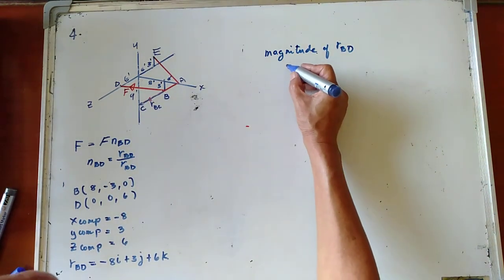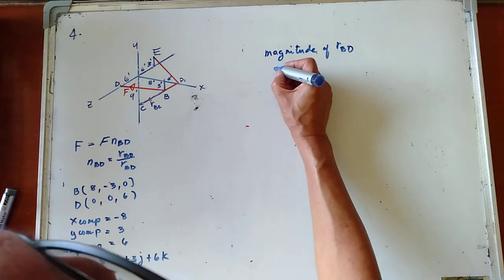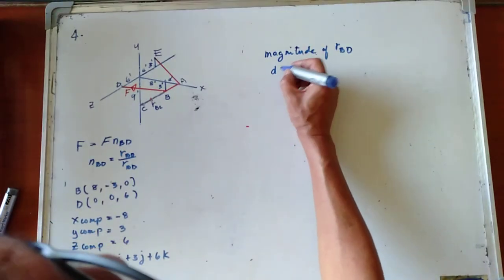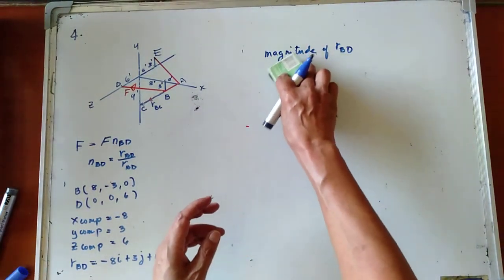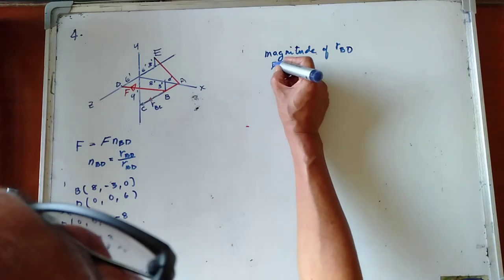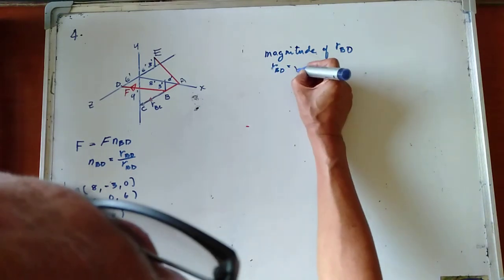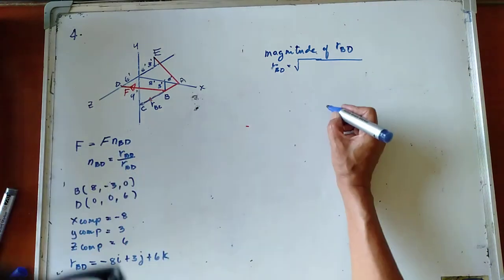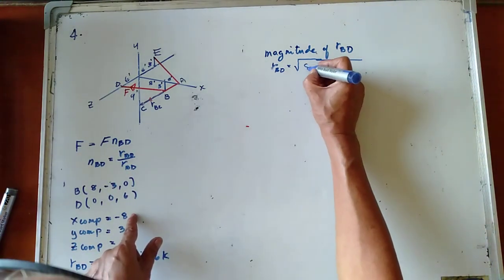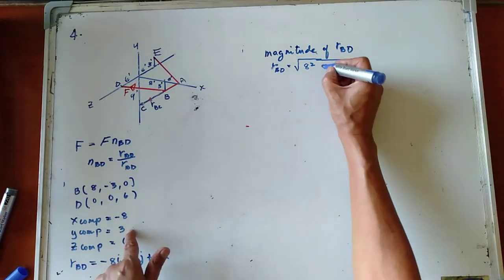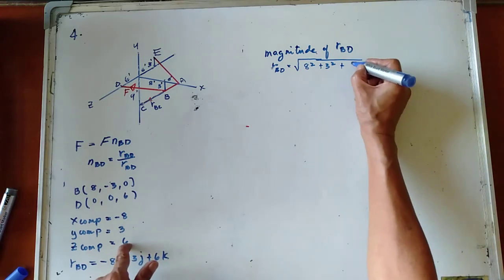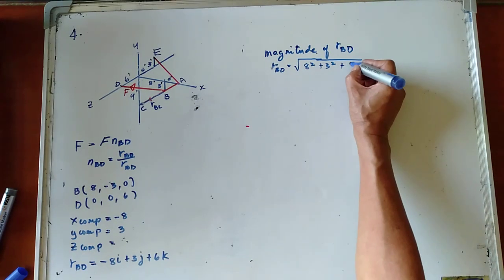The magnitude of RBD is therefore equal to the square root of x squared, which is 8 squared, plus y squared, that is 3 squared, plus z squared, that is 6 squared.